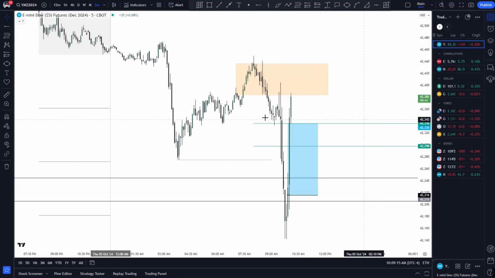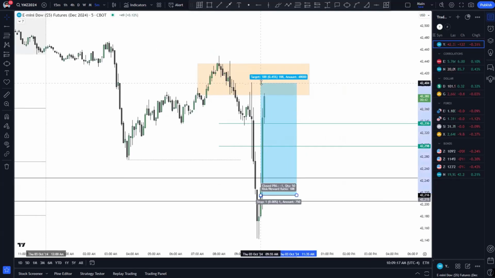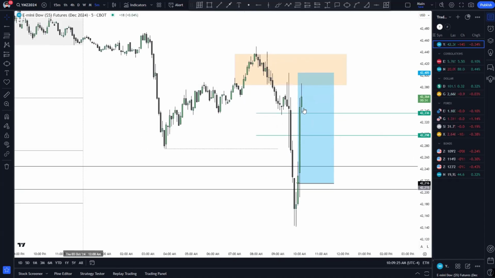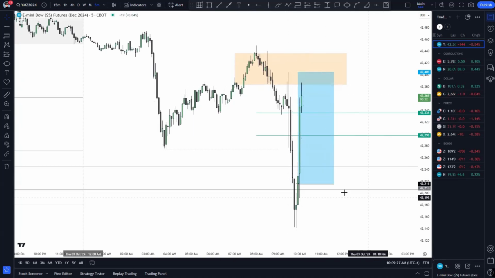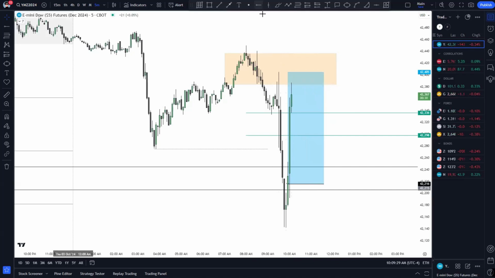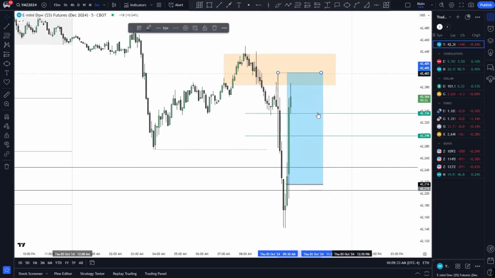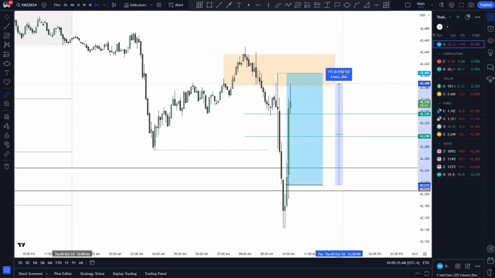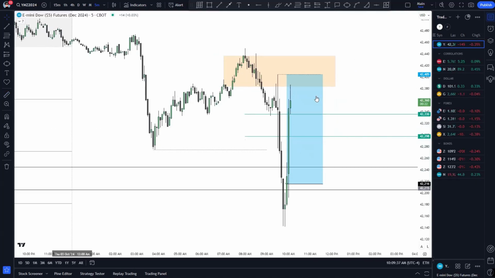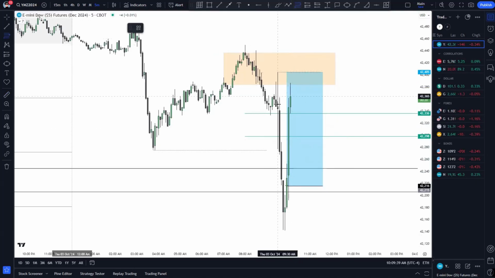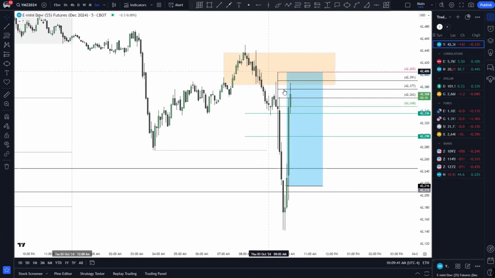Definitely could have been greedy on this trade, reaching back above that 930 high. Because when we reverse during the opening price, usually an area of targeting would be back above the 930 highs. So if we wanted to be greedy, could have definitely held it a little bit longer, or at least back up above the 50% of this wick.